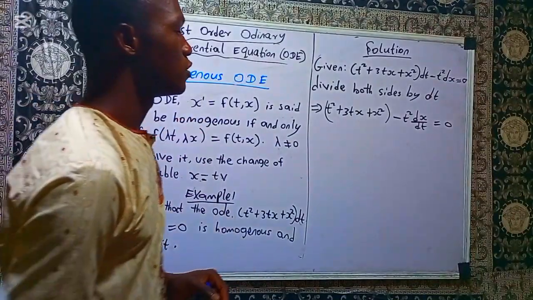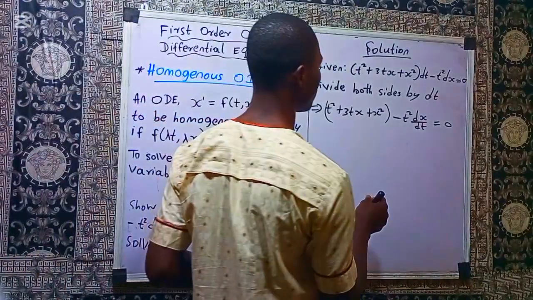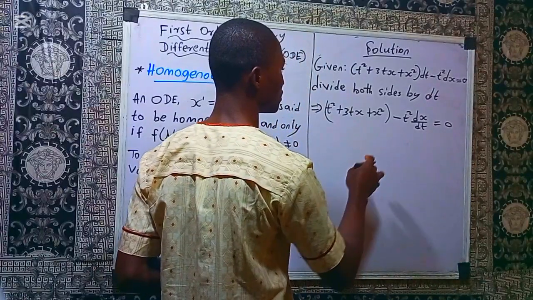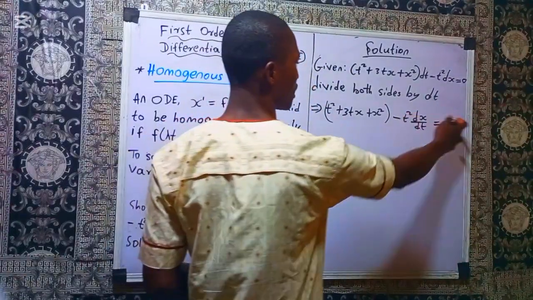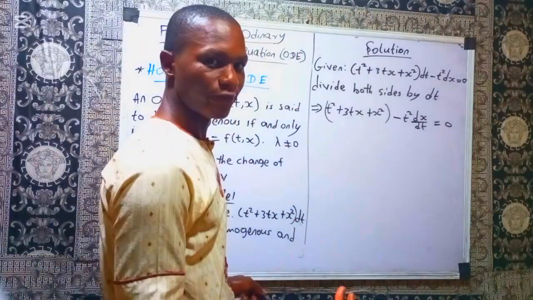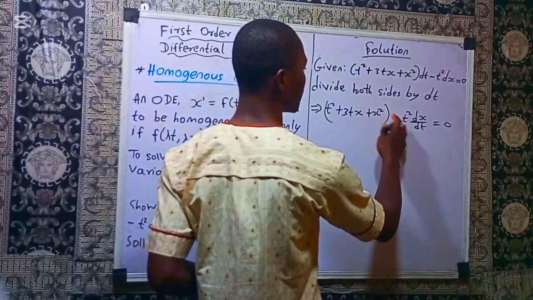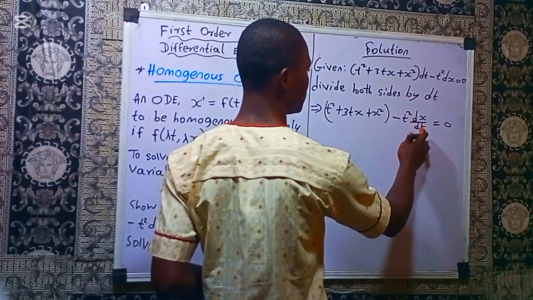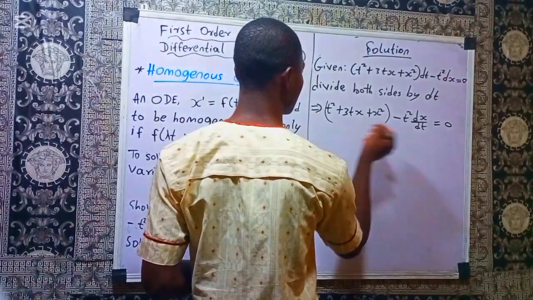X prime. So I can make it the subject of the formula, right? So let's make it the subject of the formula. How do I do that? Let's move this to the other side. If you move this to the other side, it changes to what? Positive quantity, right? So if you move this negative t squared dx dt to the other side, it will change to positive.